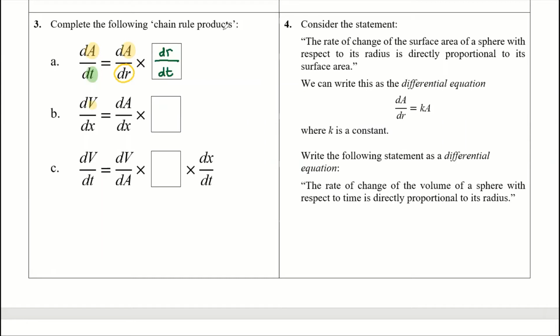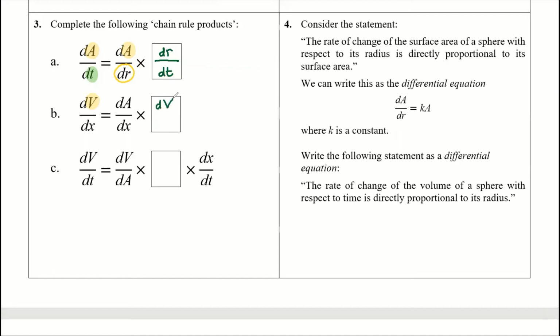Now this time we've got dv in the numerator. Now at the moment I've got dA by dx. Now I've got to have a dv somewhere. Now how am I going to do that? Let's try it. So I've got to have dv on top.